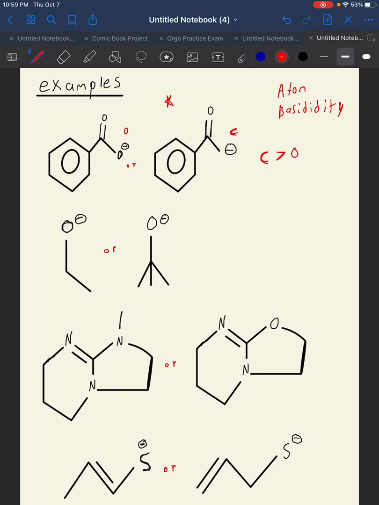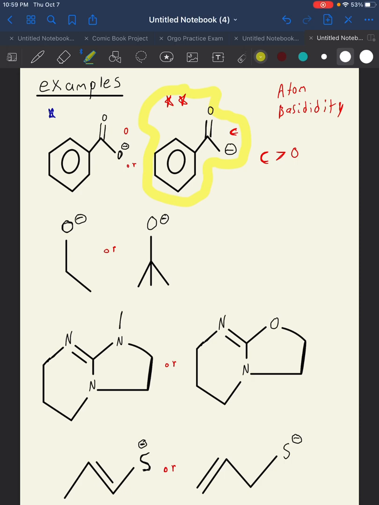So perk for this molecule. Now when looking at basicity, the one on the right is also more basic. The conjugate acid of this molecule is more basic than the conjugate acid of this molecule. So we then know that this is the better nucleophile.